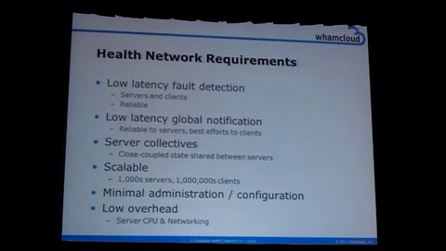If we're going to have some sort of network like this that is capable of global intelligence, then we should exploit it for server collectives, so that we can more closely couple state and share it across a bunch of servers. So, for example, a scalable way of doing quality of service.